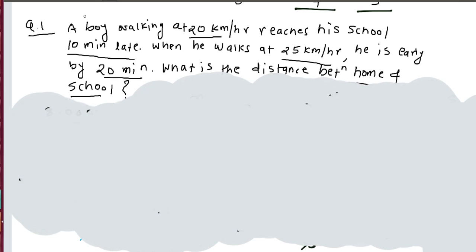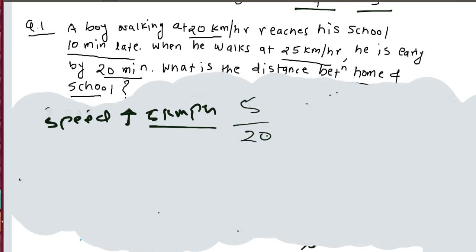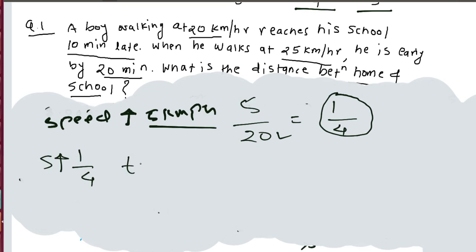Here the speed is getting increased by 5 kmph on 20. So it is getting increased by 5 over 20. 20 was the original speed, it is getting increased by 5, so that's nothing but an increase by 1/4 of the original speed. It is now becoming 25 kmph. So if the speed is increased by 1/4, the time will decrease by 1/5, right?